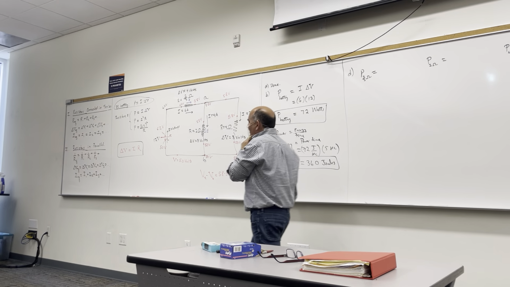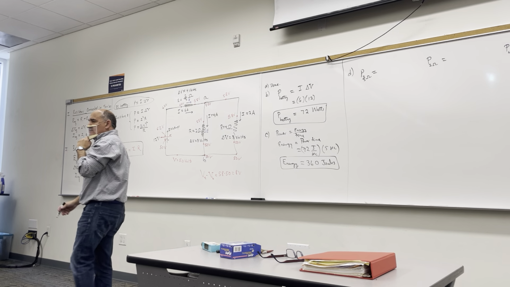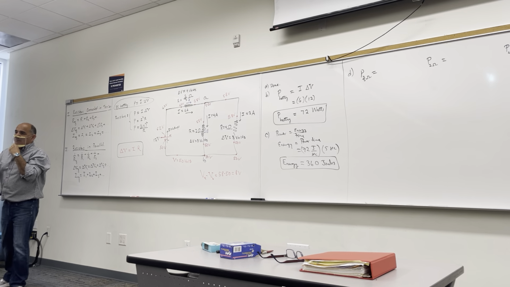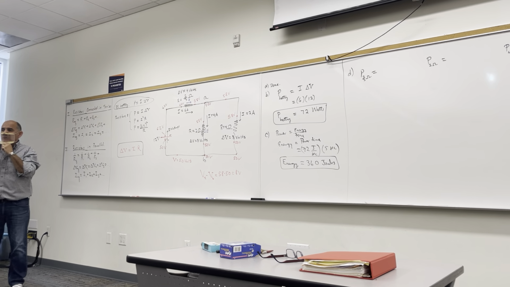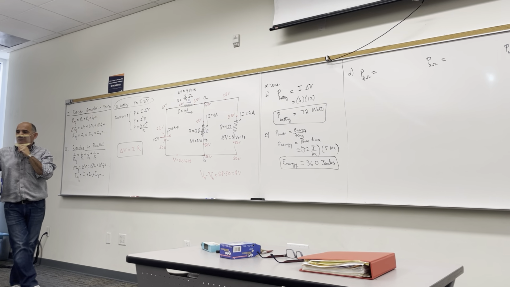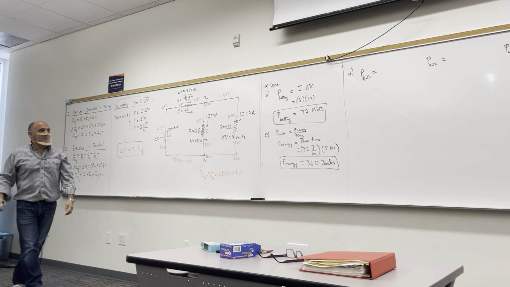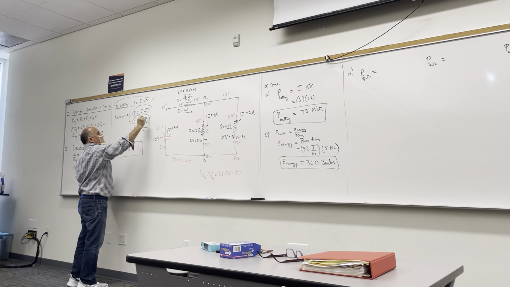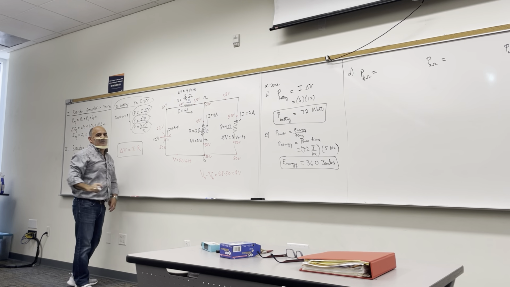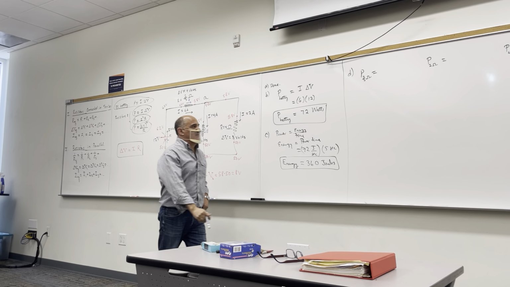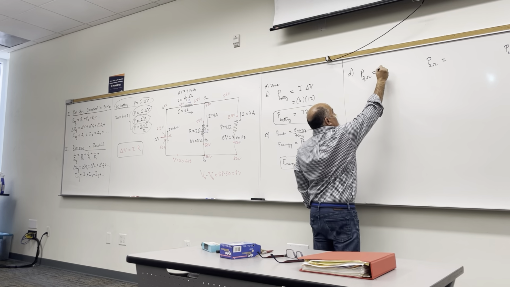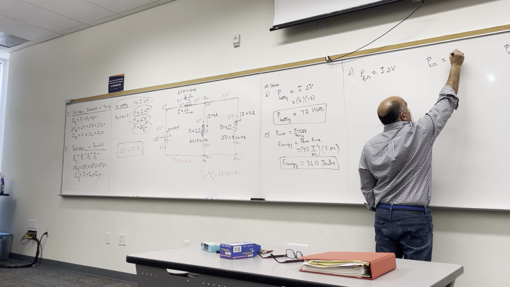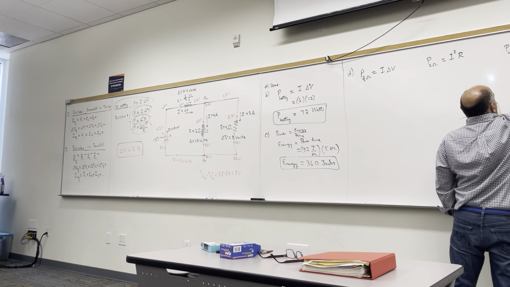How many resistors do we have? 3. How many formulas could I use to figure out the power dissipated by the resistors? 3. So how about I use this formula for one of them, this one for another, and this one for the other, so none of the formulas feel neglected. So I'll use this, I'll use this, and I'll use this.